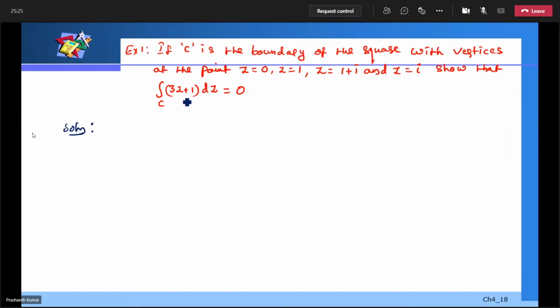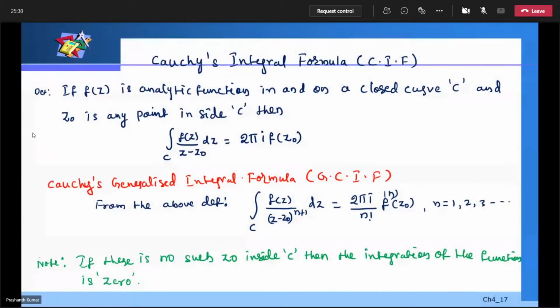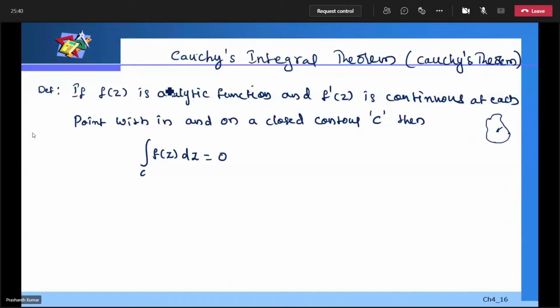And this is a differentiable function means it is definitely a continuous function. You see here, the condition is f of z is an analytic function and f dash z, the derivative, is continuous.